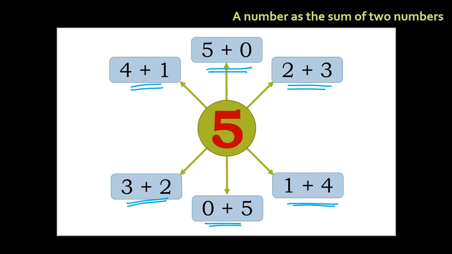So here if you see the number of ways 5 can be expressed as sum of two numbers is, let us count, 1, 2, 3, 4, 5, 6. That means the number 5 can be written as sum of two numbers in 6 different ways.